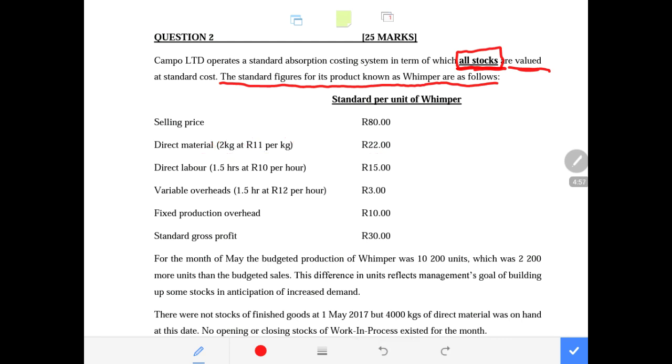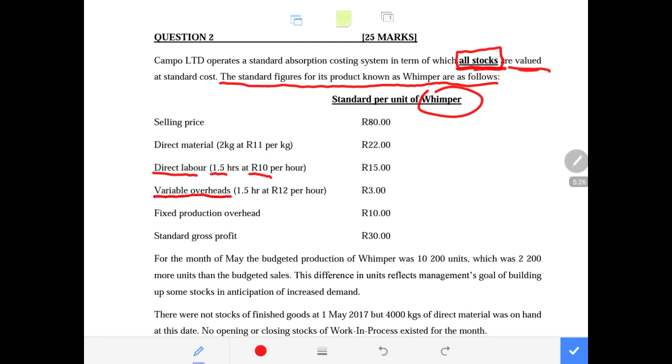That is the standard price per kg of material when we purchase it from the supplier. Direct labor is 1.5 hours to complete 1 unit at 10 rand per hour, in which employees are paid per hour, meaning the cost of labor per unit of WIMPA will give us an amount of 15 rand, being the number of hours it takes to complete 1 unit multiplied by the rate per hour.